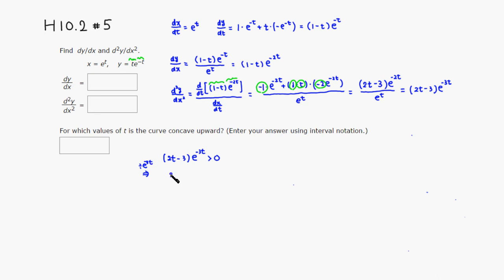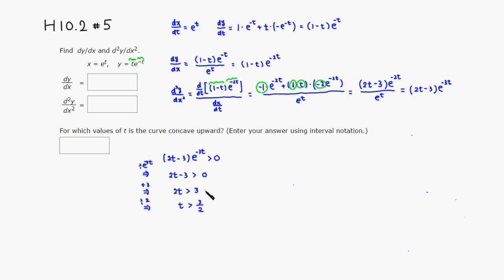Then you will get 2t minus 3 is still greater than 0. Then we can just add 3 to both sides, so you have 2t is greater than 3. Then we can divide it through by 2 to get that t is greater than 3 over 2.